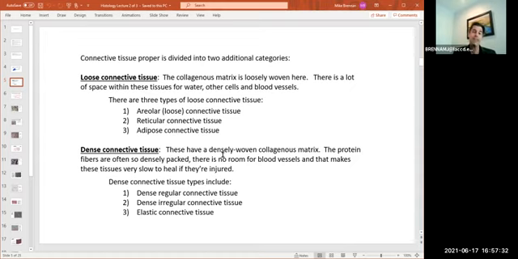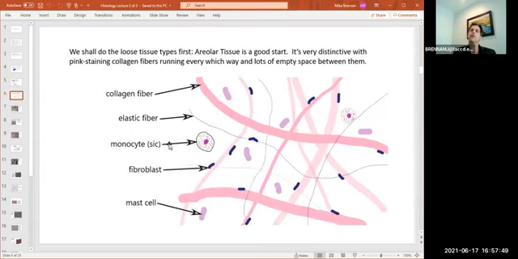So when they're damaged, they're very slow to heal, if they heal. Dense connective tissue types include dense regular, dense irregular, and elastic connective tissue. Let's start with the loose types first, starting with areolar, then reticular, then adipose.